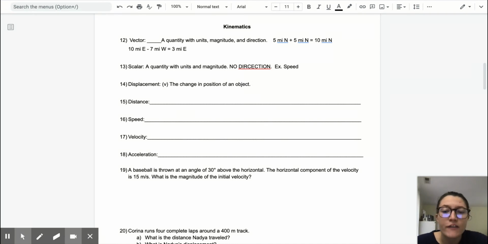The equation that we use for that displacement is delta x. That Greek letter delta stands for change. It's our final position minus the initial position of the object. And direction matters when we're finding displacement.